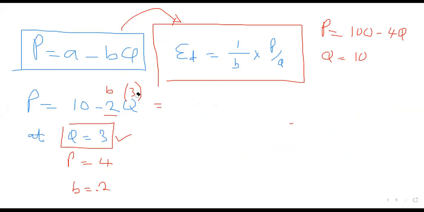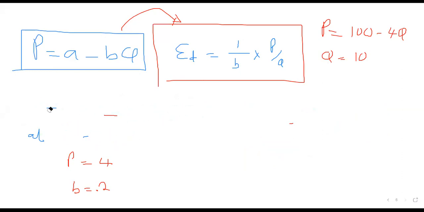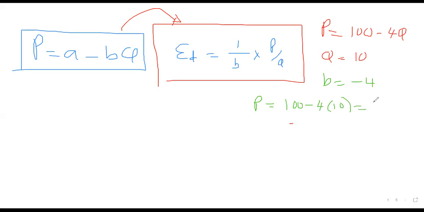How do we calculate the elasticity to start with? Let's identify what is our B from that function. What is our B? Negative 4. Our B is negative 4. And what is our P? 100 minus 40, which is 60.